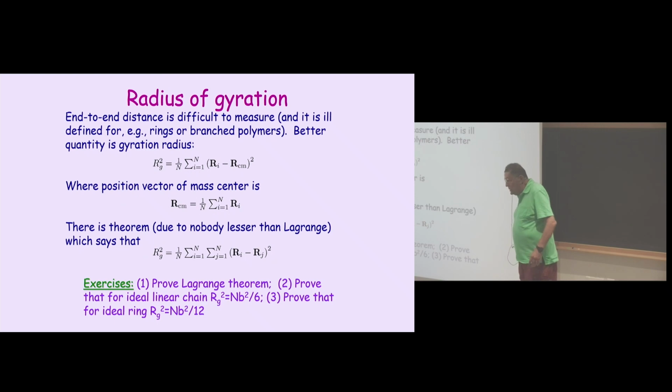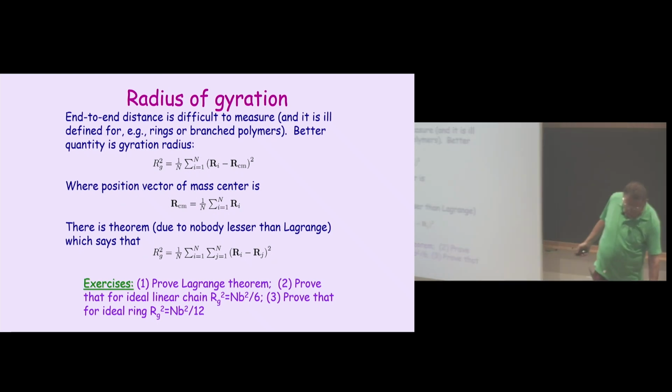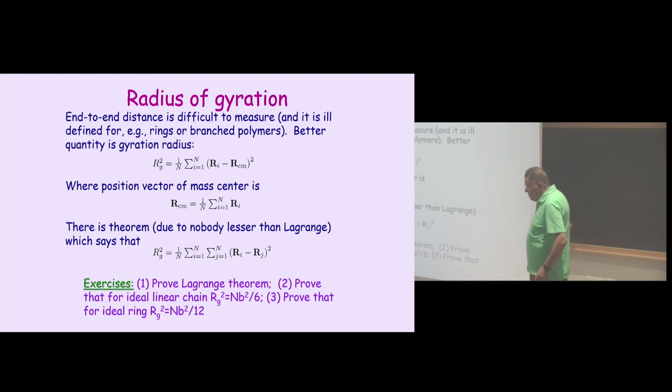And surprisingly to me, this statement was proven by nobody else but Lagrange. I do not know in which context. Why Lagrange was thinking about it, I don't know. But this is just a matter of simple algebra. So for an ideal polymer, where R square is N b square, the gyration radius square is N b square divided by 6. So 6 is a useful thing to remember. It's quite easy to derive. It's just 6.